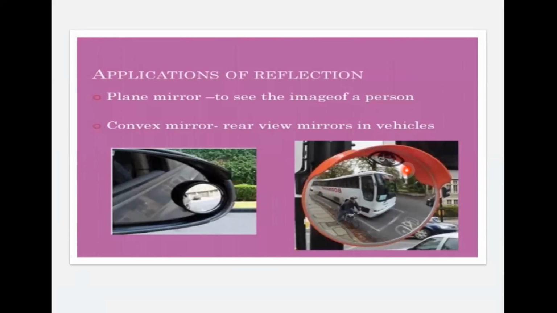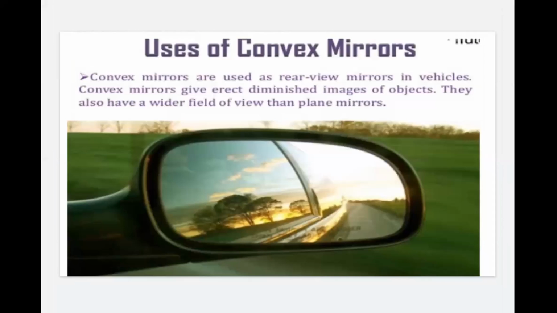Blind corner means the person is not able to see what is there to the left and right. So why are we using convex mirror as rear view mirror? Because they give us a diminished image. Diminished image means a smaller, contracted image, and definitely they provide us with a wider field of view than the plane mirror.